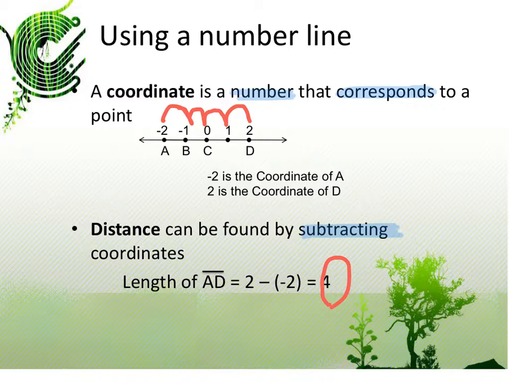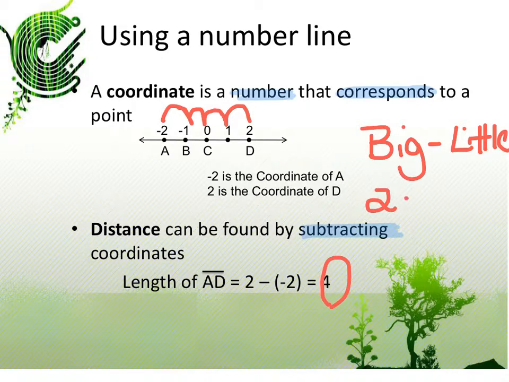You're always going to subtract big minus little. So notice here, I took the big number 2, I subtracted, and then the number was -2. So then when you do 2 minus -2, it really turns into 2 plus 2, which is 4.